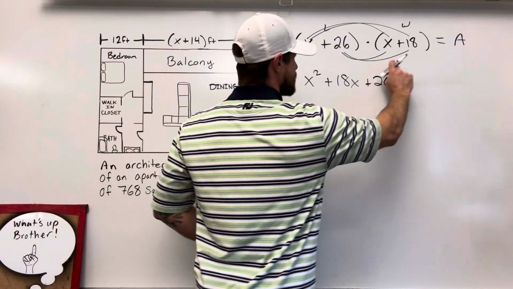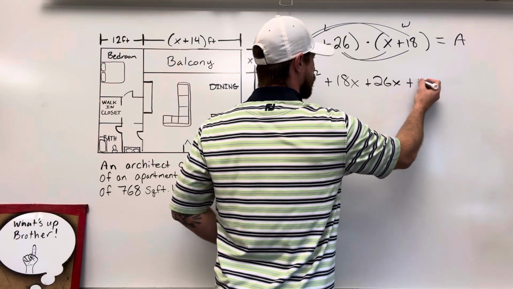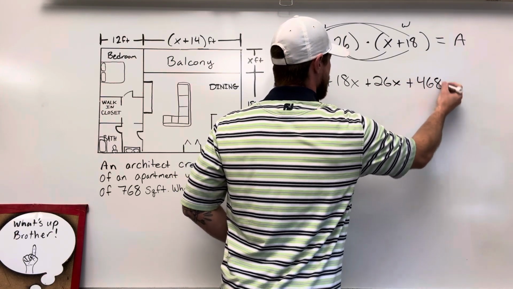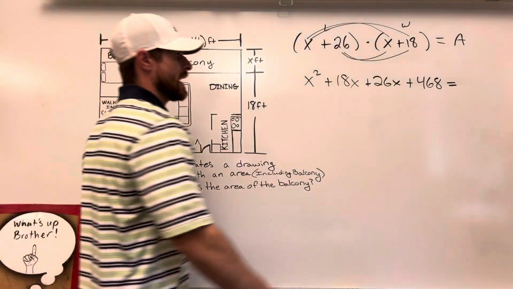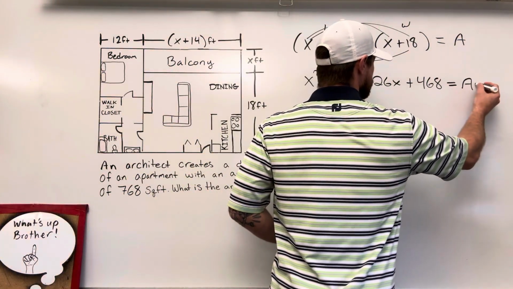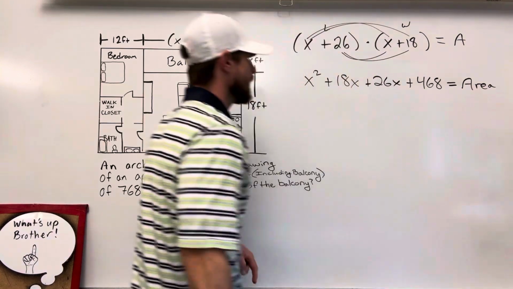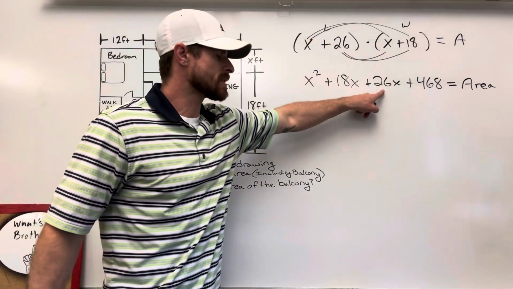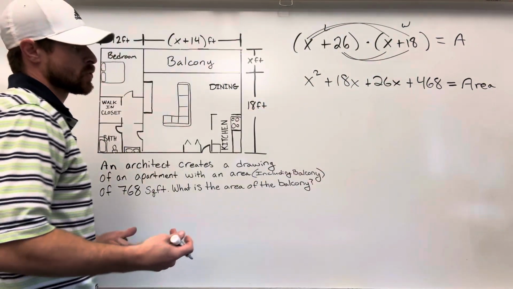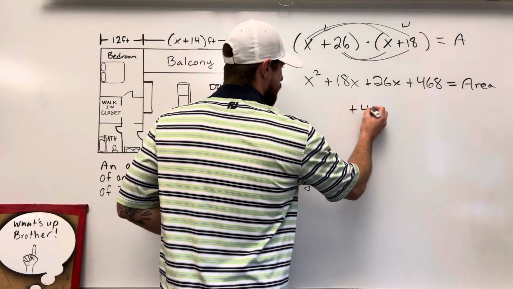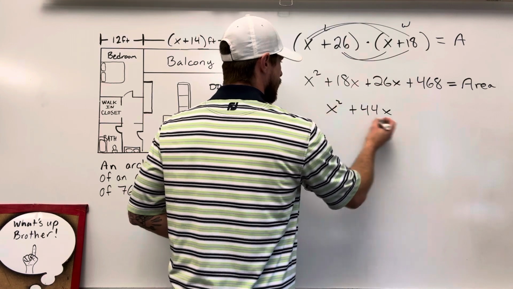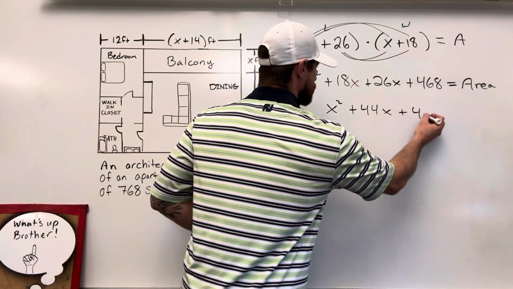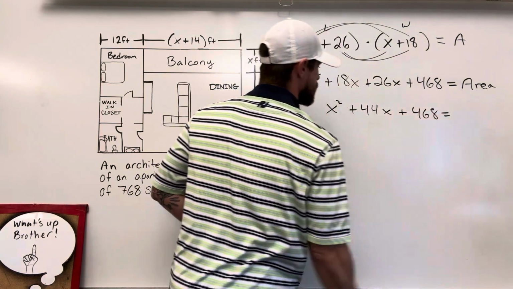And 26 times 18 is 468. Okay? So that is going to be equal to our area. Now, we want to combine our like terms, 18x and 26x. So that's going to give you 44x. Bring the x squared down, plus 468 equals area.